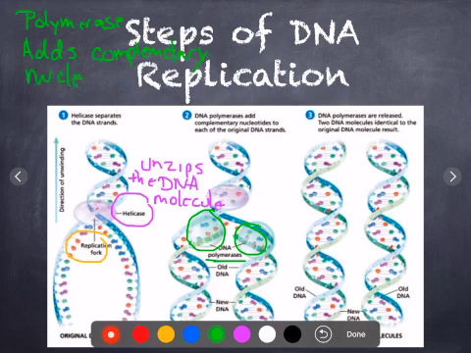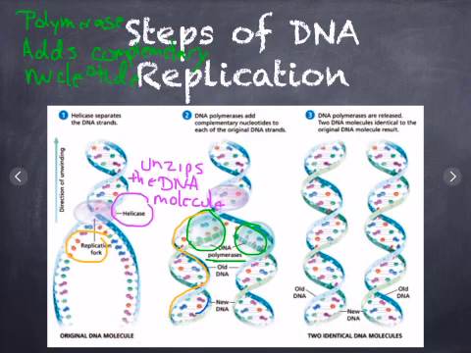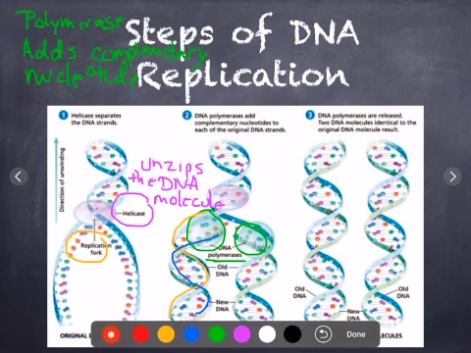In this case, we're forming what's known as a semi-conservative strand. One is our old strand, and one is a new strand adding that complementary. So after DNA polymerase goes through, it adds all of the new nucleotides.